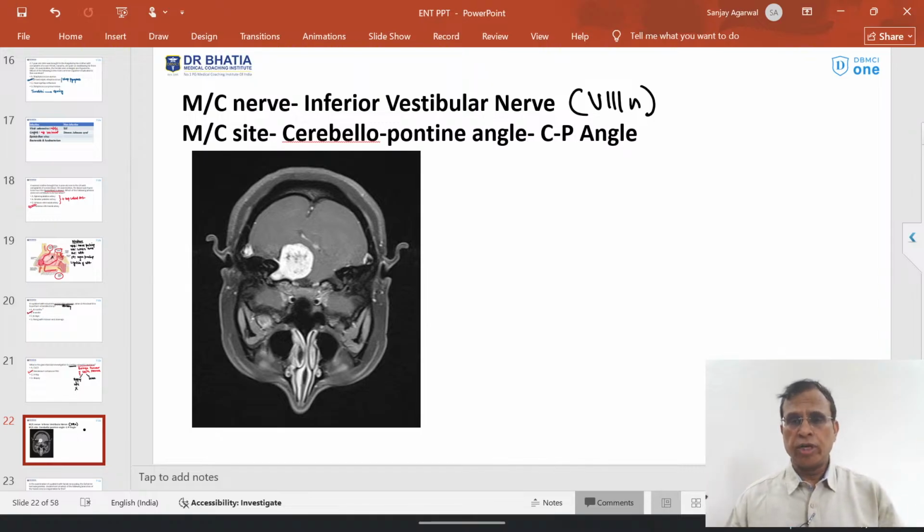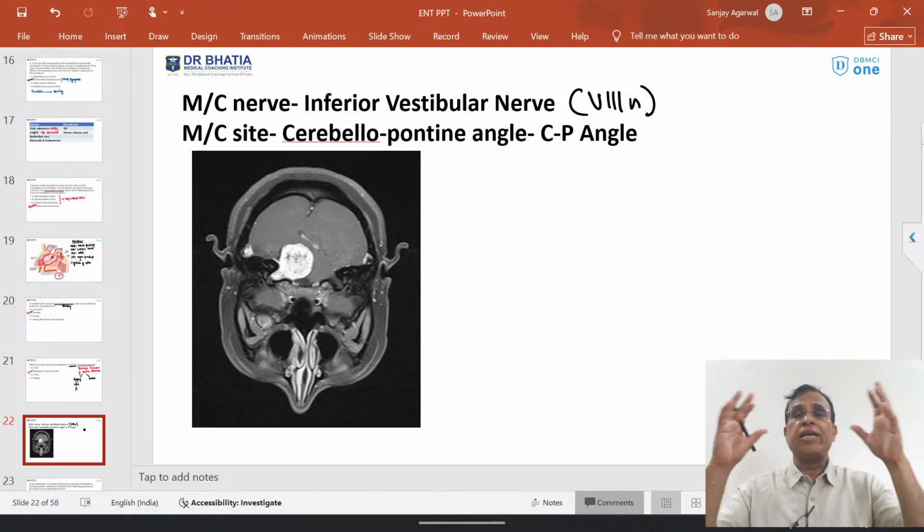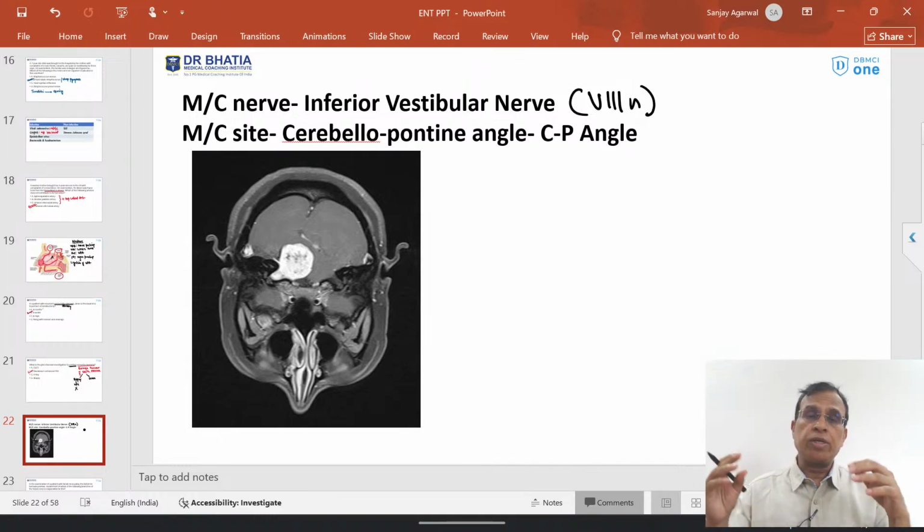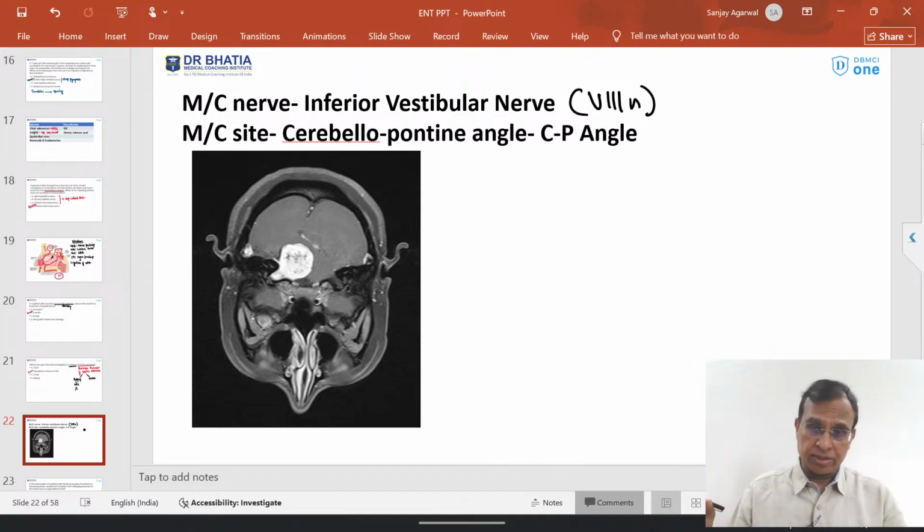If you want to go into the nitty-gritty, inferior vestibular nerve. आप कहाँ रहते हो? इंडिया में रहते हैं, सही बात है. लेकिन if you say Delhi या मुंबई या whatever town you are staying in, that's more precise information. So 8th nerve is like saying I'm in India. If you say inferior vestibular nerve, it's like saying the name of the state. So वो और precise answer हो जाता है.